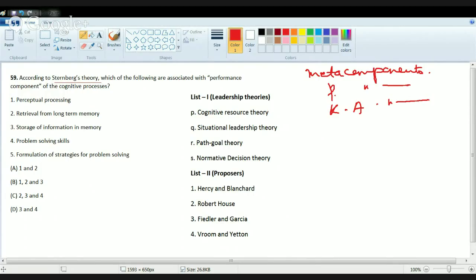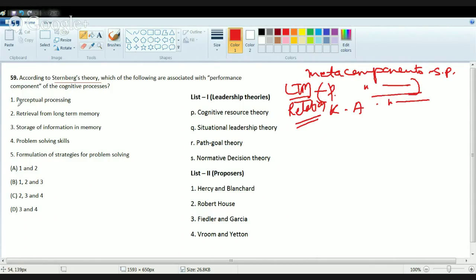Under the performance component, I try to carry out the direction of meta components. Meta components is solving a problem. Under performance components, I try to perceive the problems in long-term memory, develop relationships and apply those relationships. That is what the performance component is all about.